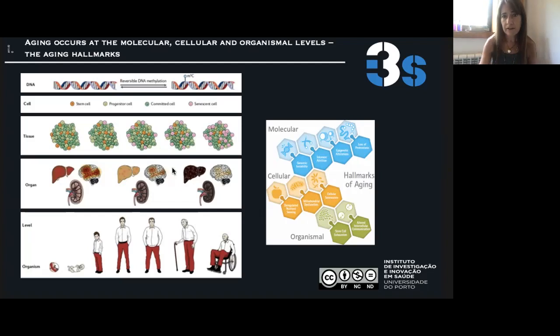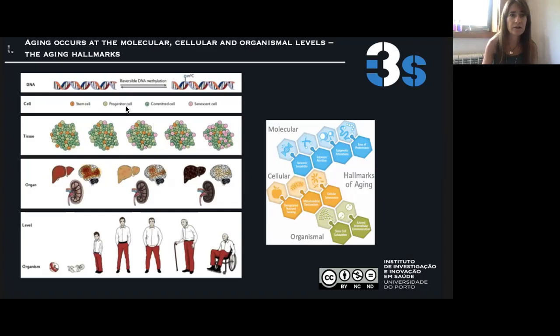Senescent cells are cells that stop dividing in response to stress or damage from exogenous or endogenous sources. And these cells exhibit distinct biomarkers and a secretory phenotype causing local chronic inflammation with an impact in healthy surrounding cells.